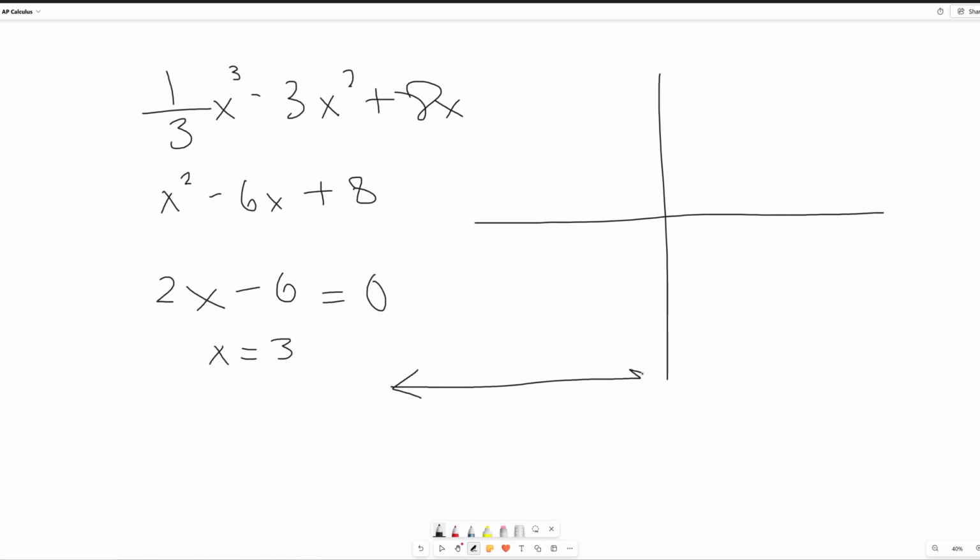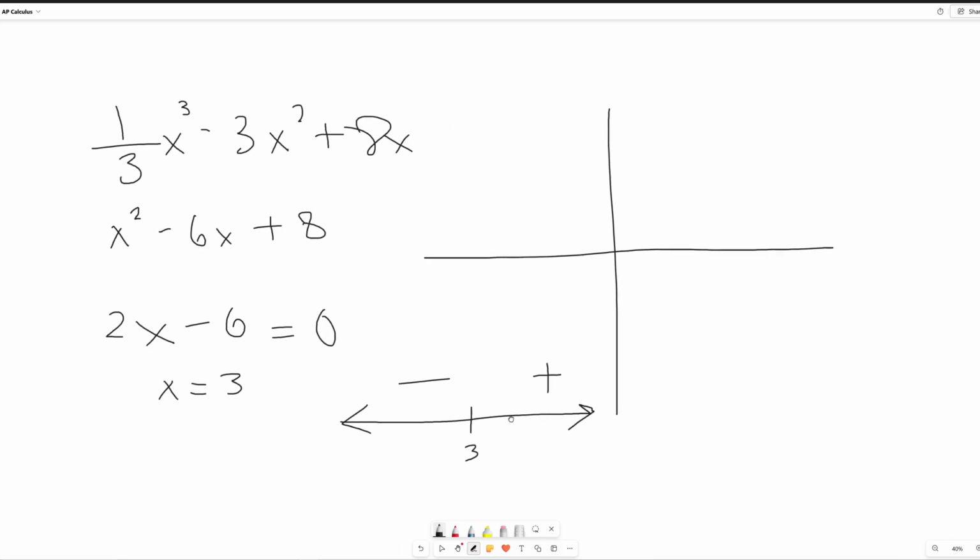Well, we make a sign chart for concavity and then test this function. At x equals 4, it's going to be positive, because 4 times 2 is 8, minus 6 is 2. And when x is less than 3, it's going to be negative. So now we know at x equals 3, the function will go from concave down to concave up, right here.